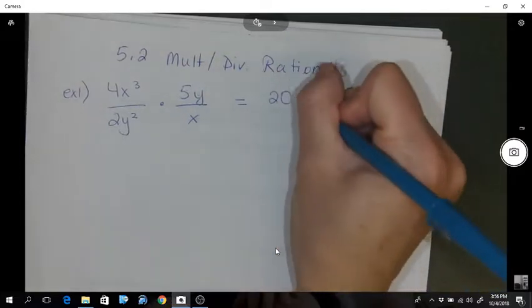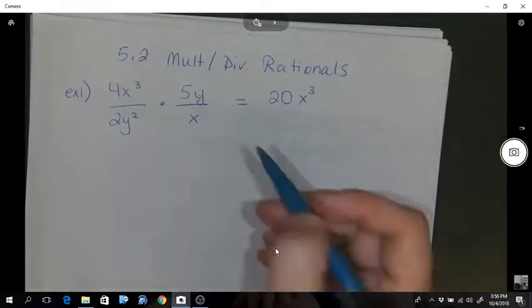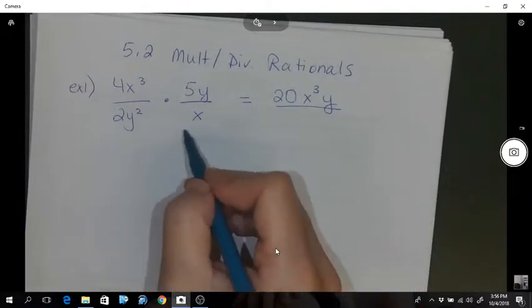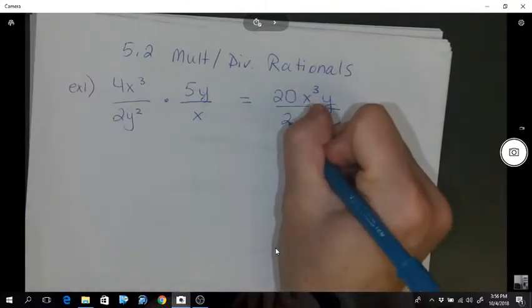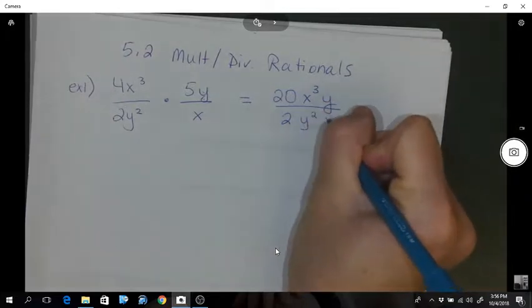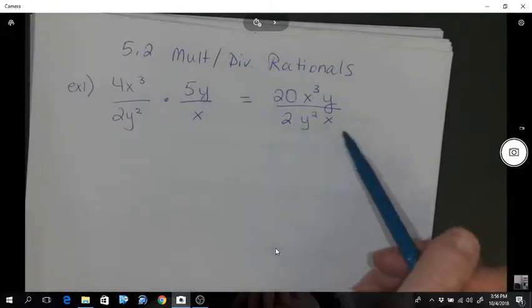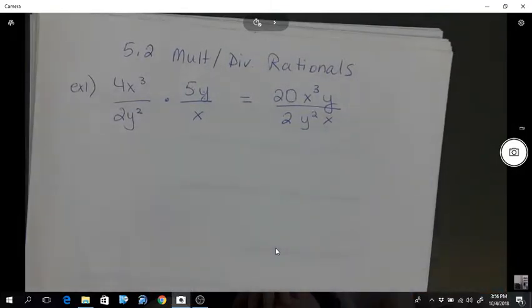X's, I only have an x cubed, don't have anything to combine it with, and I have a y. In the denominator, I have a 2, I have a y squared and an x. If you want, you can switch that around just to be alphabetical order.